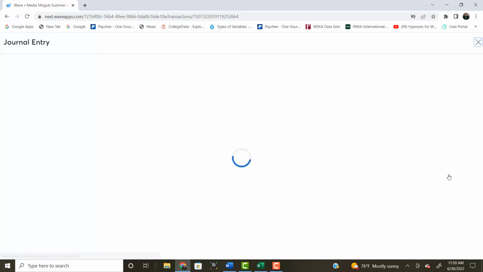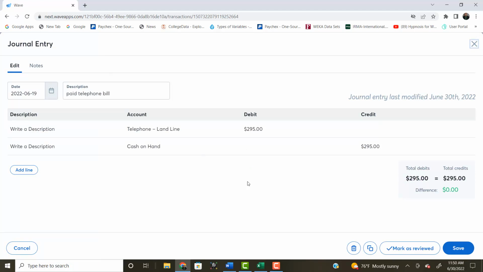Now I'm just going to look at the transaction details. So I put in the description to pay the telephone bill on the 19th. The description is telephone landline, the account. This, by the way, is an expense, $2.95, and I paid it in cash for $2.95. Again, I have total debits and credits in agreement, and I have a difference of 0.